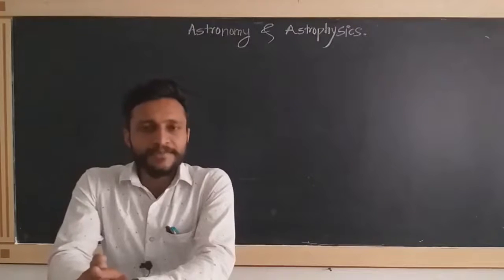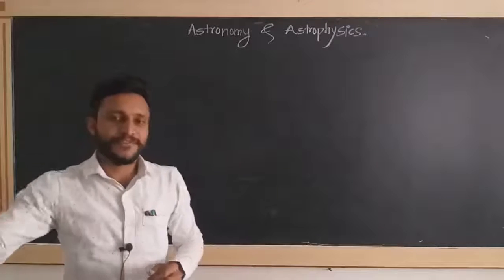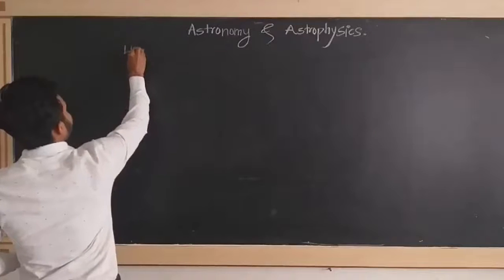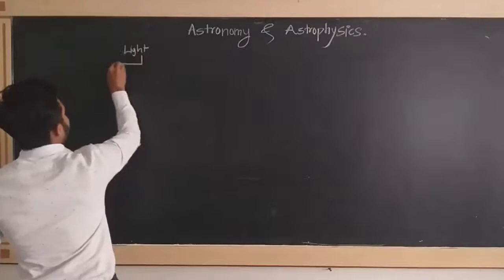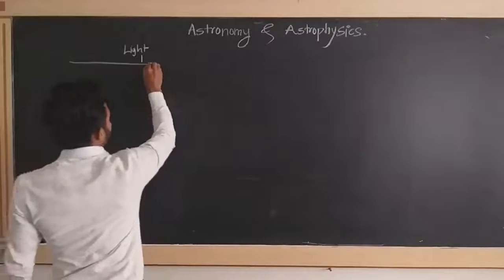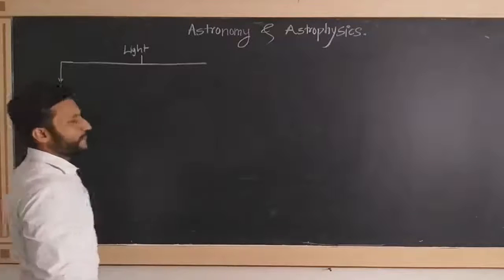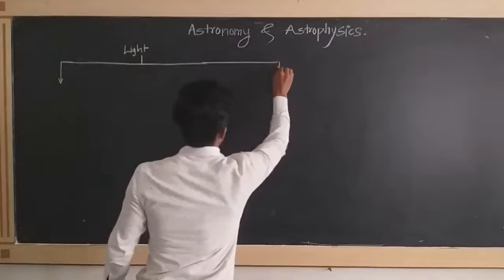So we can read the electromagnetic spectrum with their different frequencies and wavelengths. Light is an electromagnetic wave, and when light is coming from the source, it is full of the electromagnetic spectrum with different frequencies and different wavelengths.